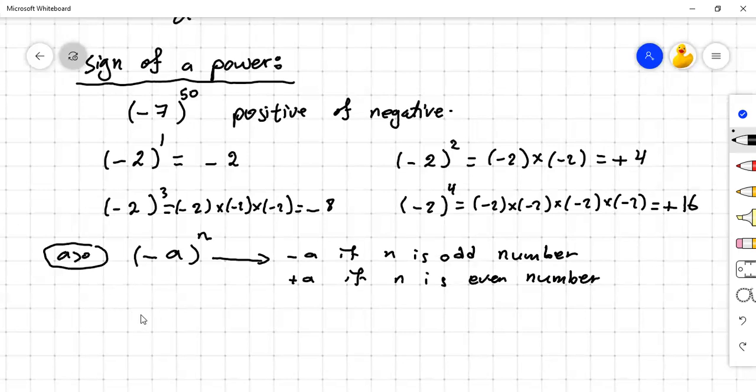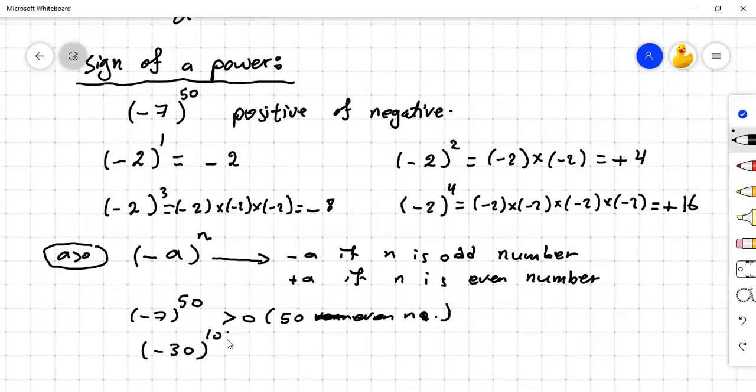So as an example, the first one, minus 7 power 50, what is the sign of this number? Clearly it's positive. It's greater than 0 since 50 is even. If we take, for example, minus 30 to exponent 105, it's negative.